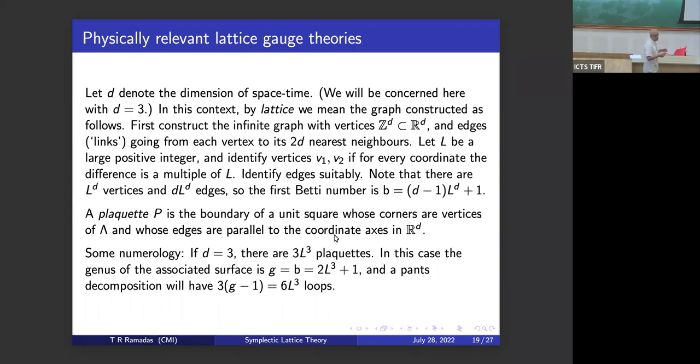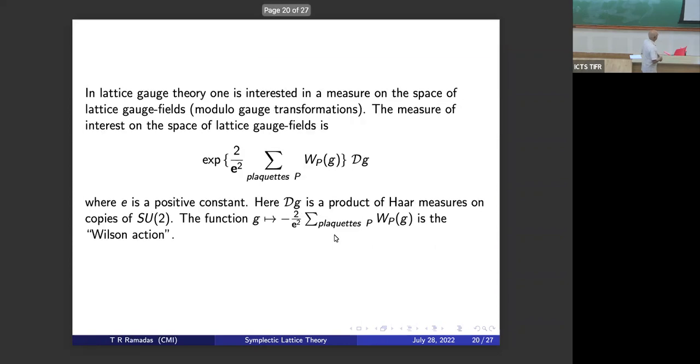So if you manage to lift the plaquettes to the surface, in other words, if you manage to find closed loops on the surface that under the retraction go to these plaquettes, we will need to find 3L cubed more loops to get a Pants decomposition. This is a quick reminder of the integrals we are interested in for lattice gauge theories. Since for this audience I don't need to spend time on that, I will just pass over it.